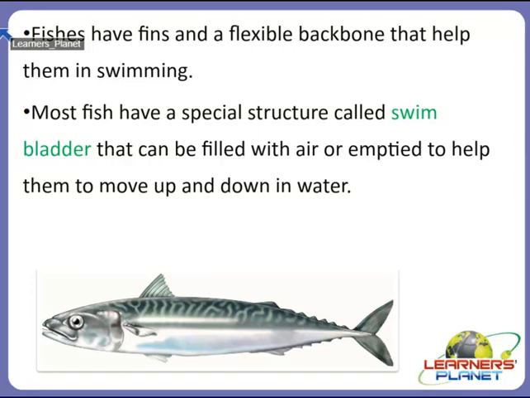That they offer least resistance. Resistance means a force that stops or slows down a moving object. So it offers least resistance to the flow of water and makes it helpful for them in swimming. So as we discussed that fishes are vertebrates, we can say that they have a flexible backbone that helps them in swimming.